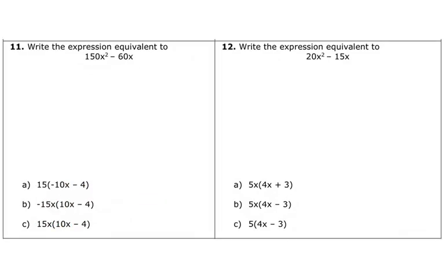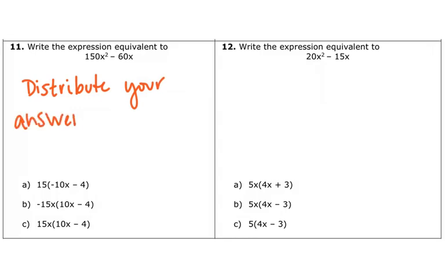Okay, flip to number 11. 11 is the exact same thing. There's two pieces here. So we're going to write distribute your answer choices. What that means, circle the number in front and distribute.